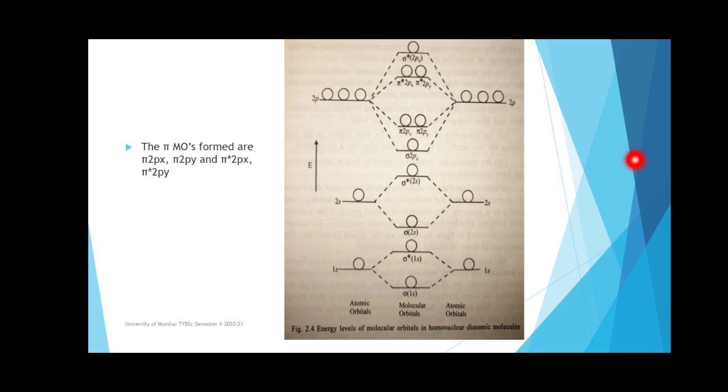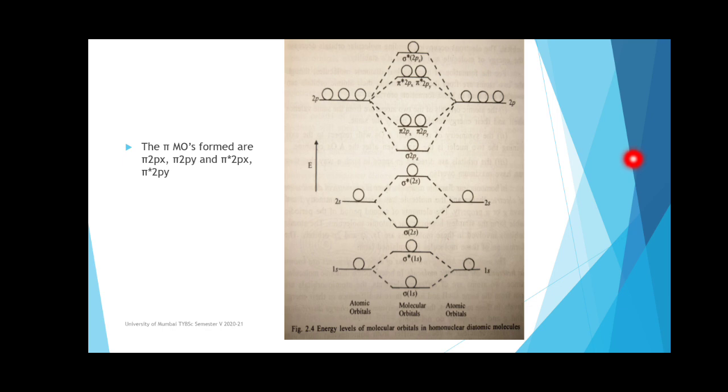Now in this diagram you can see that when you plot a graph of energy versus atomic orbital and molecular orbital, you can observe that on the two sides, extreme left and extreme right of the diagram, there are the orbitals called atomic orbitals, while the orbitals shown at the center are called molecular orbitals.